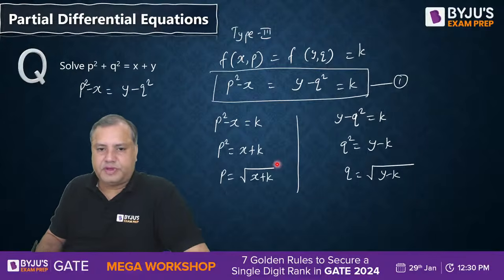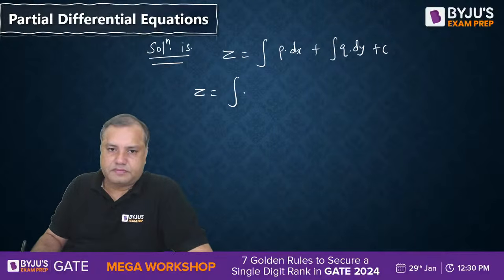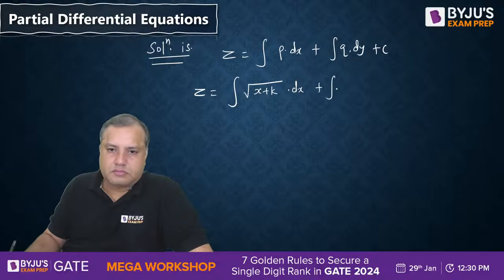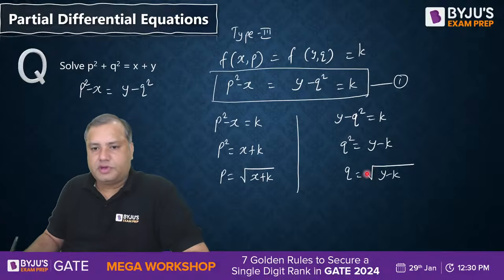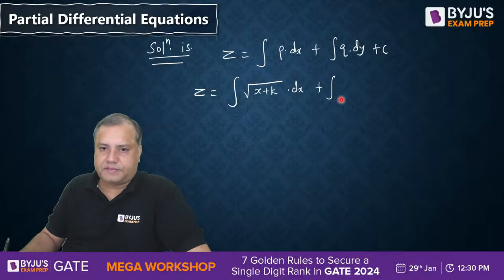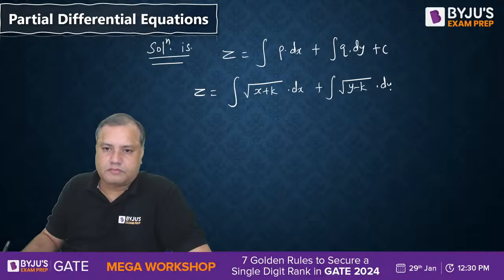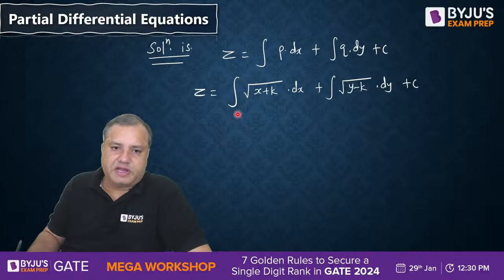What is p? P is root of x plus k. What is q? Root of y minus k. Now, integrate this.